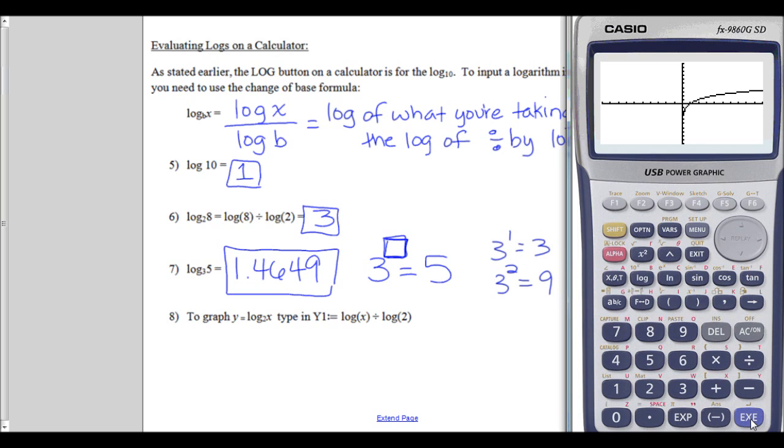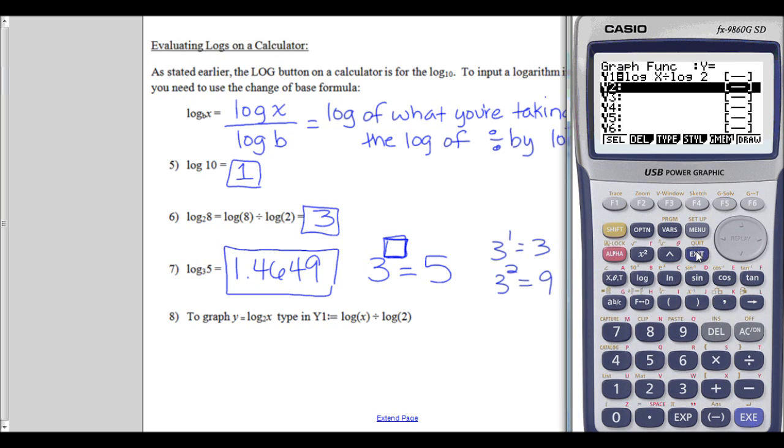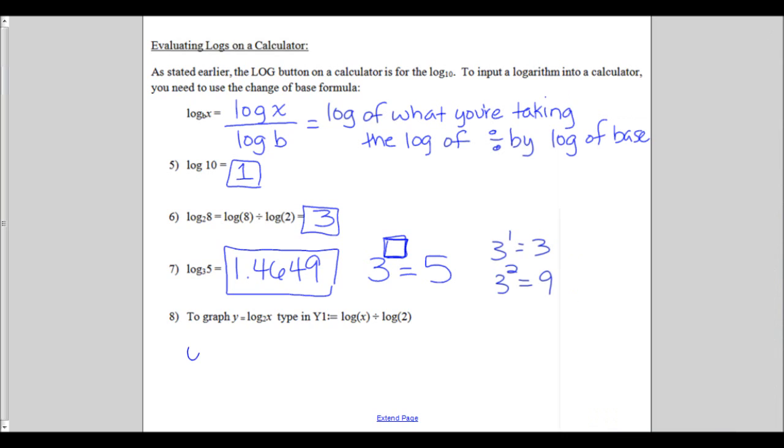Be sure if you're trying to graph things with logarithms in your calculator that you realize if you were to graph something like the log base 2 of x plus 3 and then a plus 5 on the outside, what we would need to write in Y1 is the log, we need a parenthesis, x plus 3.